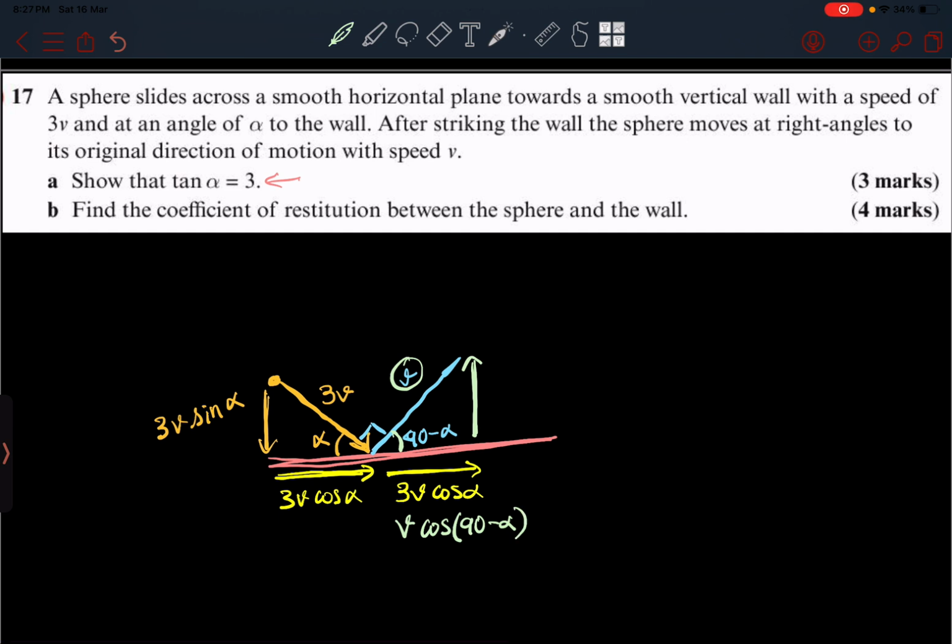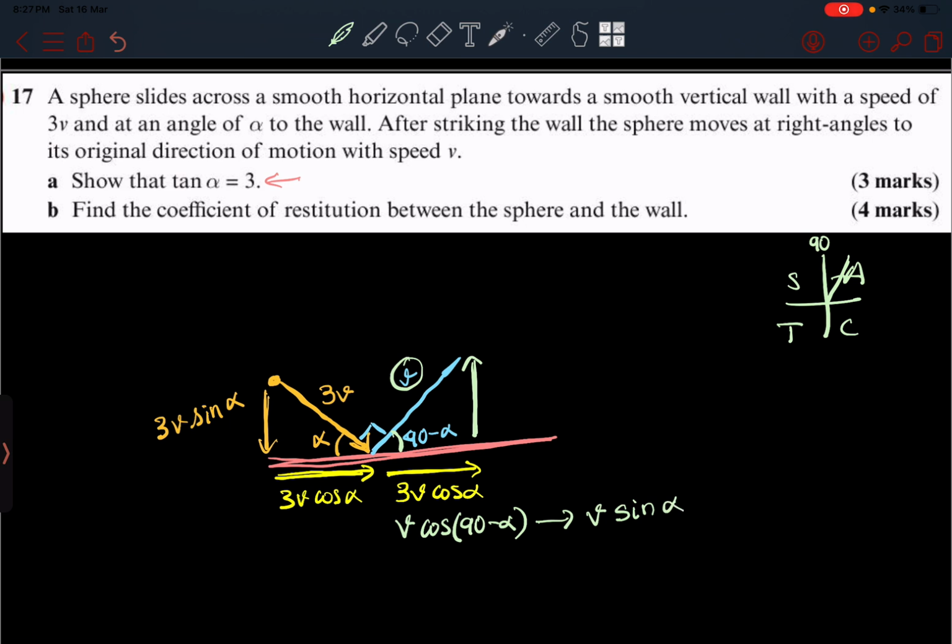Now if we remember our ASTC rule, there's my 90. If I'm taking 90 minus theta, the sign of that trig ratio would be positive, and since it's 90 minus an angle, the cofunction applies, so this becomes v sine alpha.